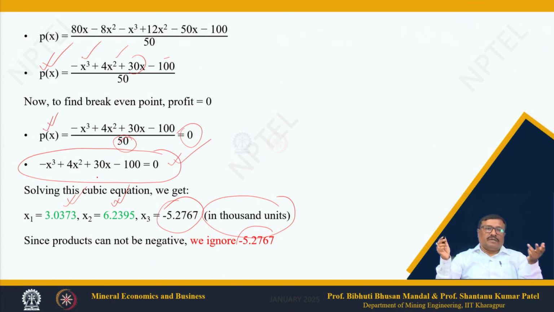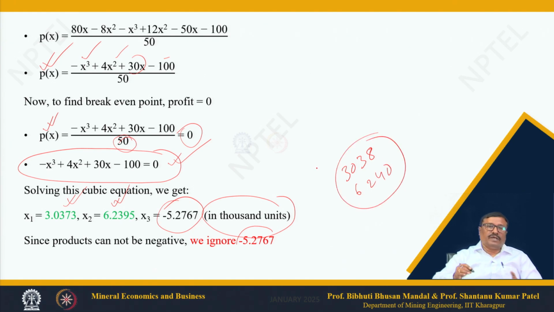That means, if we multiply this with 1000, x1 will be say 3037 or 3038 units, and x2 will be say 6239 or 6240. In both cases we touch the break even points.